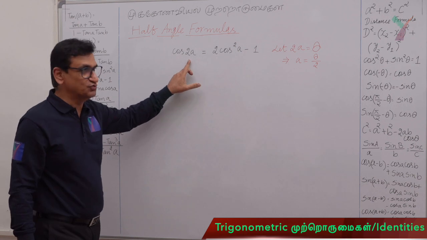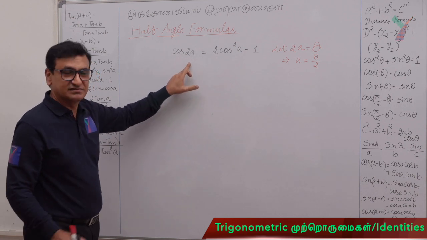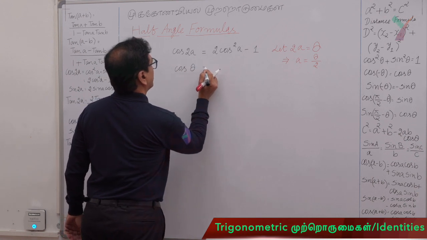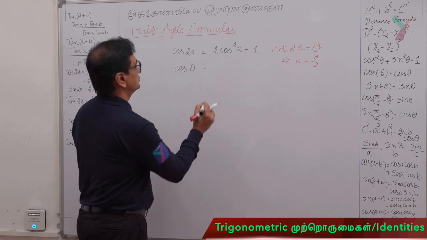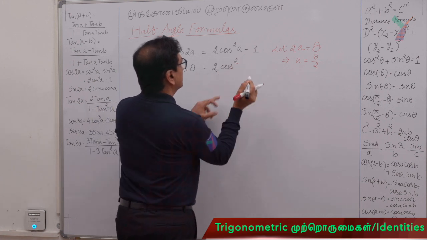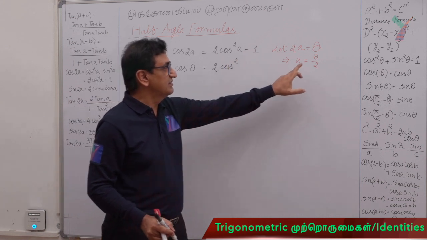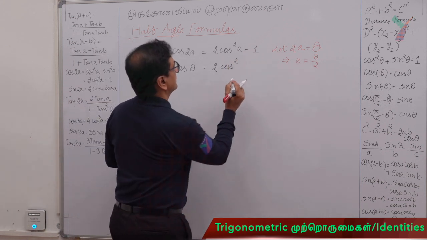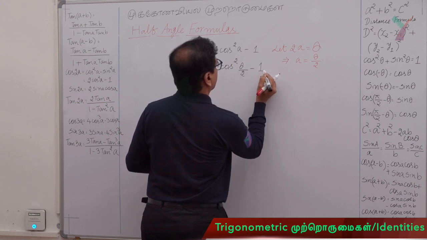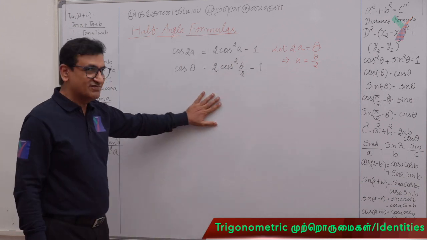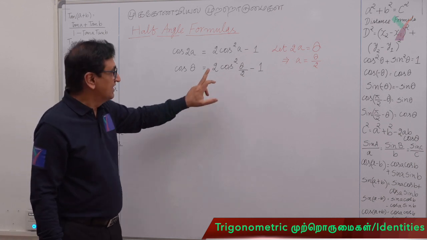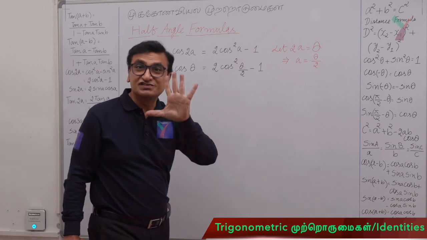So instead of cos 2A, cos theta equals 2 cos square, instead of A, I'm going to write theta by 2, minus 1. Now we have our half angle formula. Why is it a half angle formula? Instead of cos theta, I have cos theta by 2.